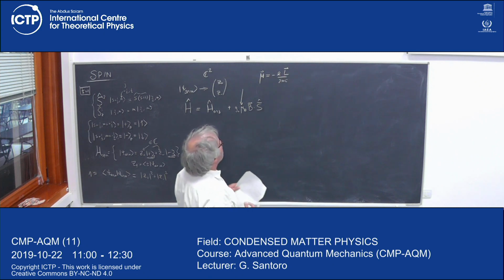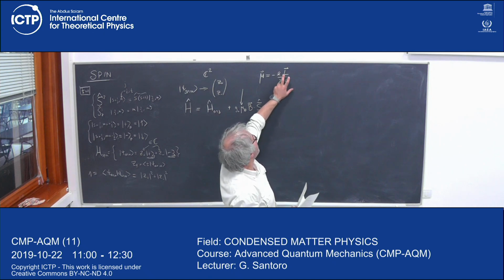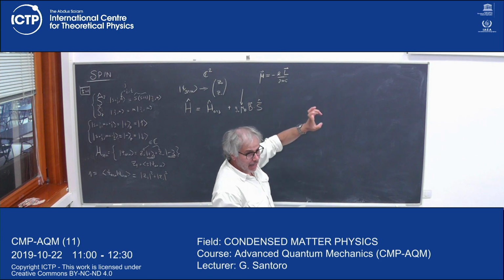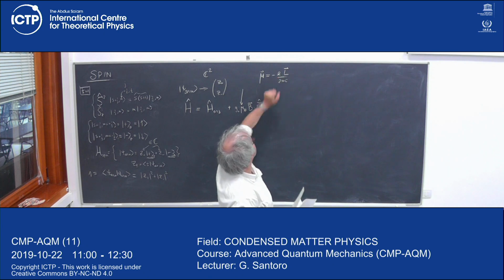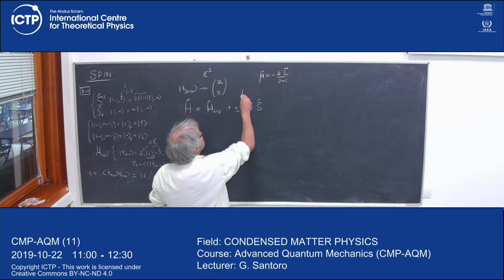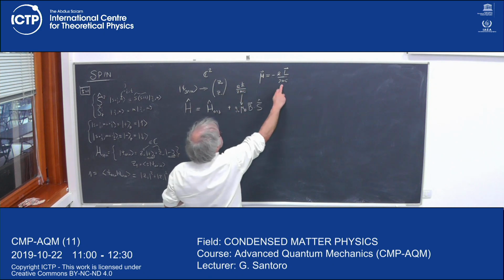So if I imagine an angular momentum of order h bar, then the natural unit of magnetic moment is e h bar divided by 2 mc. You see?